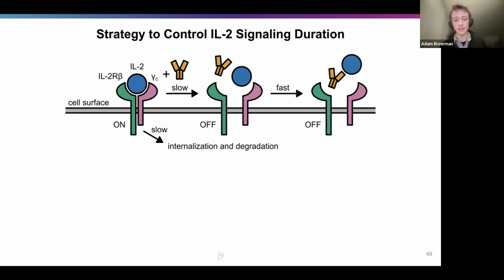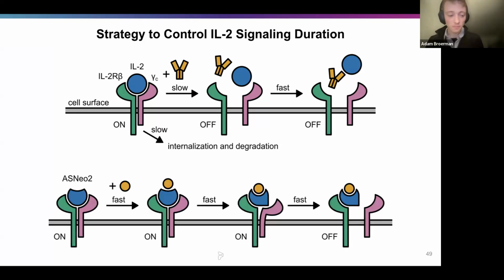The other way for these complexes to be turned off is that they'll eventually be internalized and degraded, but overall, both of these are slow. These would both happen on the time scale of at least 30 minutes to maybe more like hours. And we really wanted to find a way to turn signaling off within seconds.